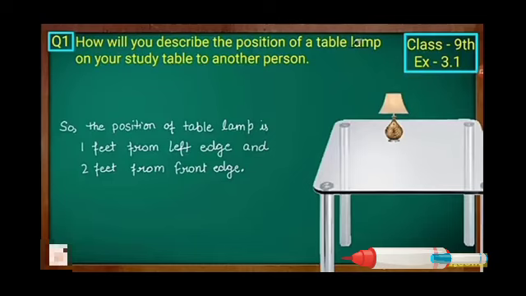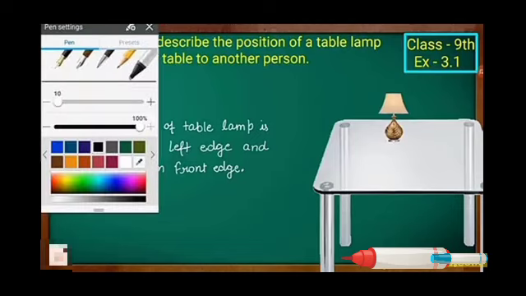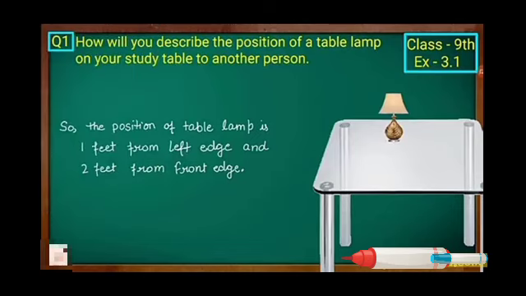First question is how you will describe the position of a table lamp on your study table to another person. Let's see. Let the position of the lamp be 1 foot from the left edge. This is the table. Position of the lamp is 1 foot from the left edge and 2 feet from the front edge. Let the person be sitting at the front side.